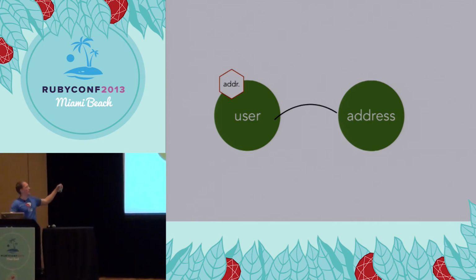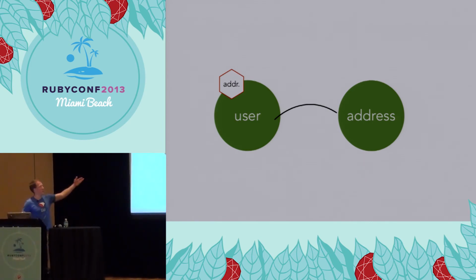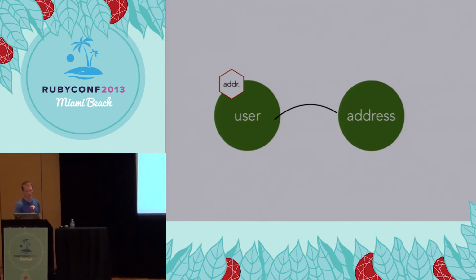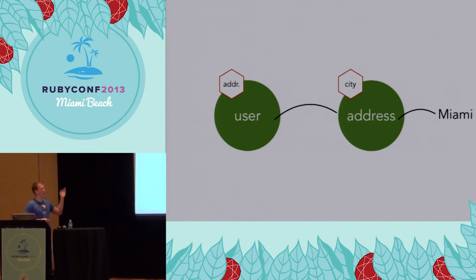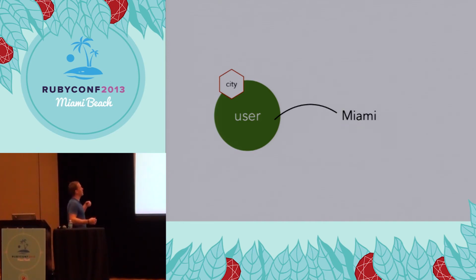So if I send a message address to user, I expect to get this address object. And then I could send city to address and get Miami. But maybe in my application, what I really want to do is just ask the user either what city they're in or what's their home city, and I just want it to return to me Miami.